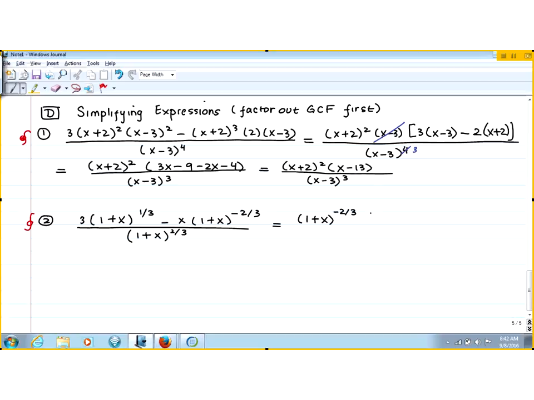We have to factor out the smaller exponent. All right, so tell me what we are left with. 3 times, okay, this is what we talked about yesterday. 3 times what? (1 plus x), and what is the exponent?